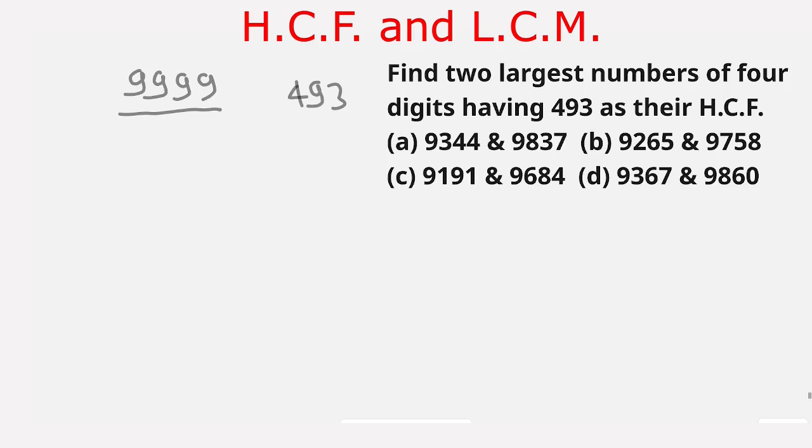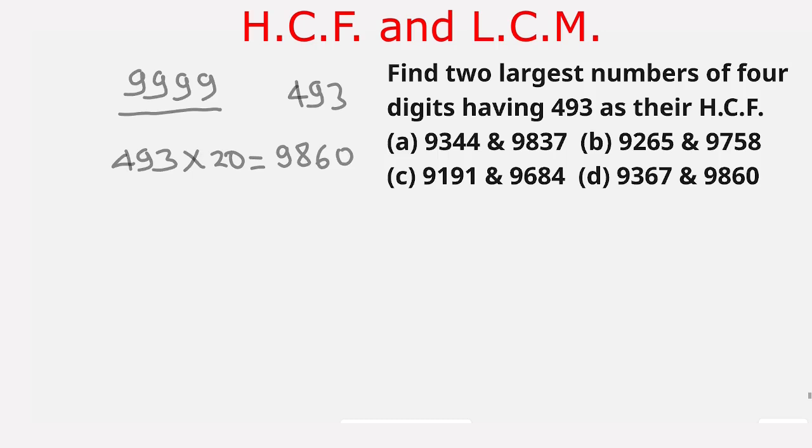It means that the largest 4-digit number divisible by 493 is 20 multiplied by 493, and this is equal to 9,860. This is the largest number which is divisible by 493.